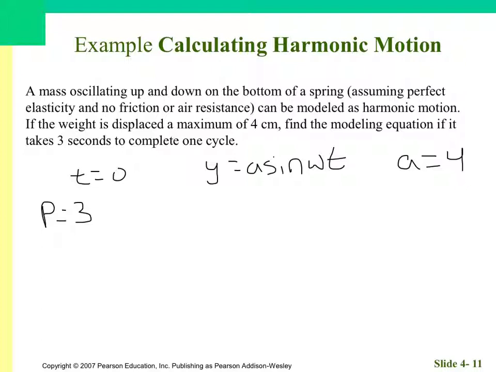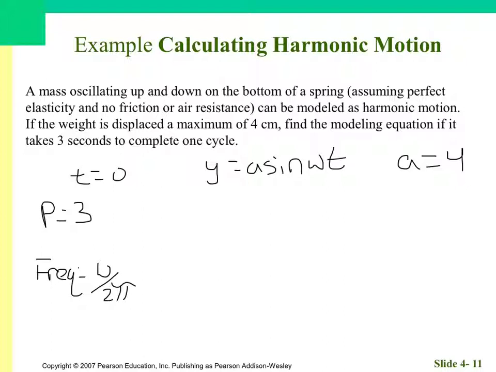But we're not looking for the period, are we? And we're not really looking for B, because the equation that we have, the frequency, is omega divided by 2 pi. Okay? So we have to find the frequency.